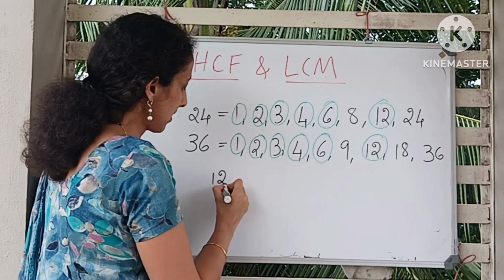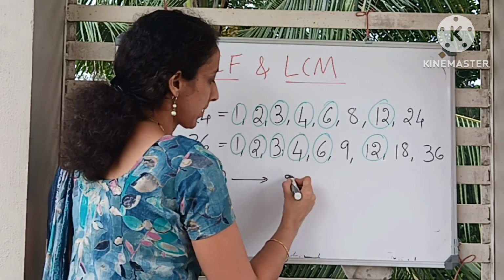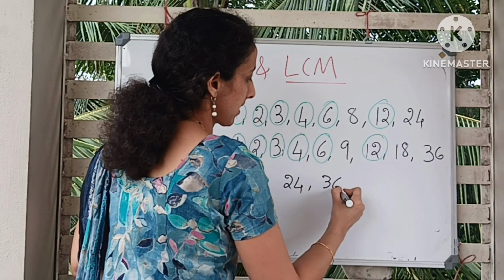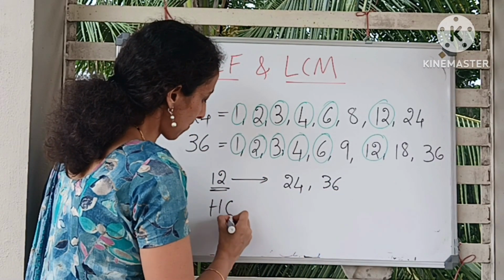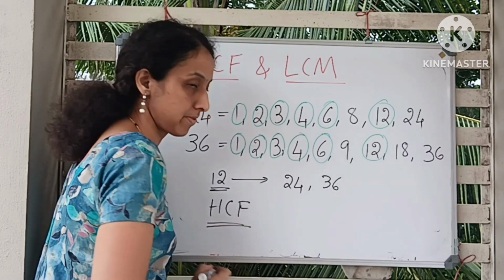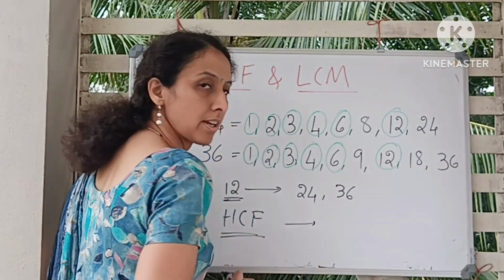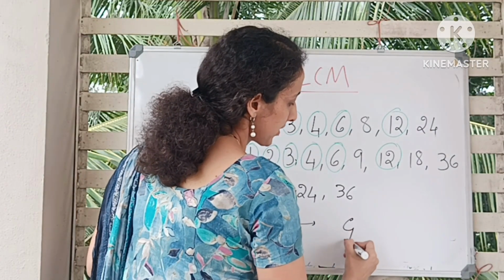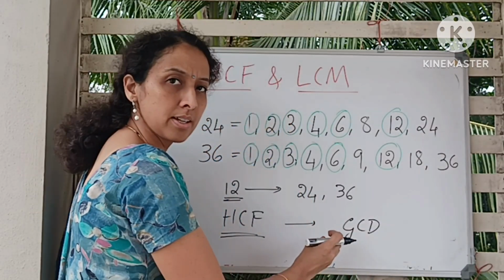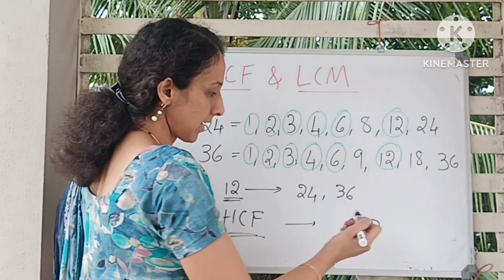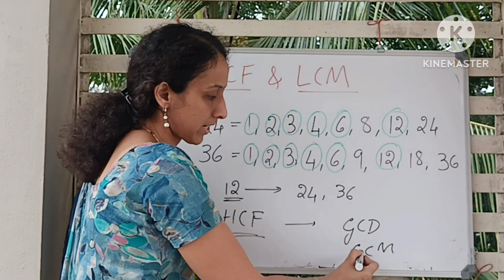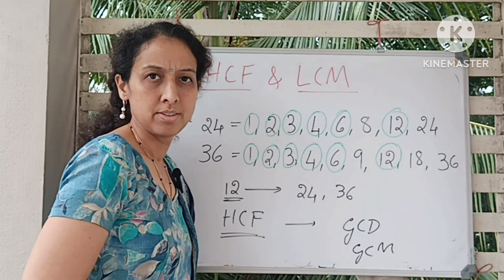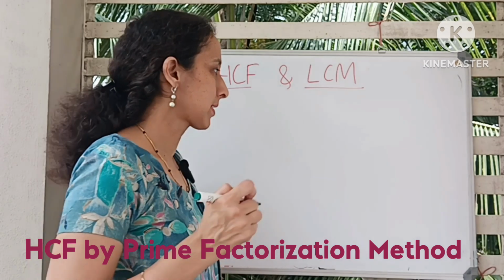So 12 is the common factor of 24 and 36, and since it is the highest, we call it the highest common factor, HCF. HCF is also called GCD, that is greatest common divisor, and sometimes it is also called GCM, greatest common measure.